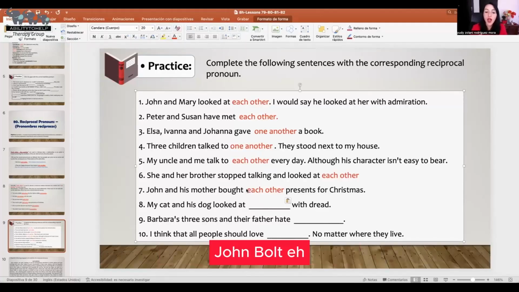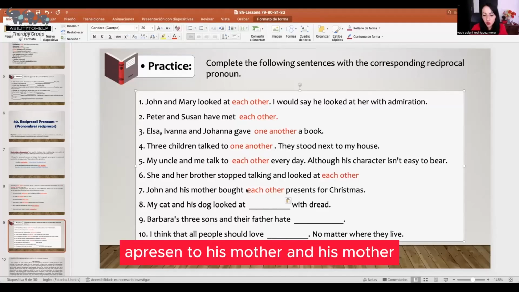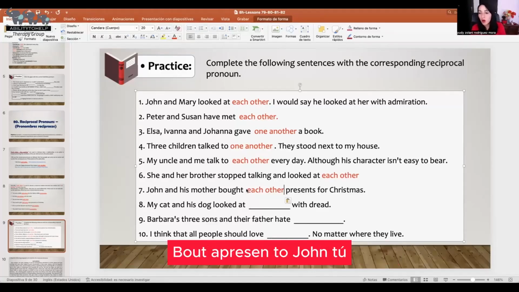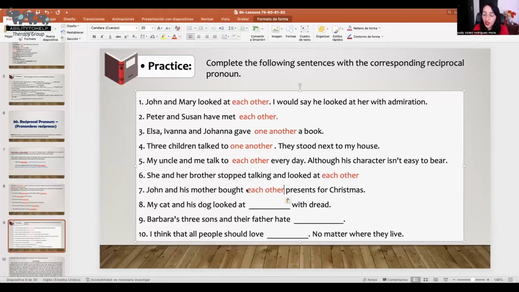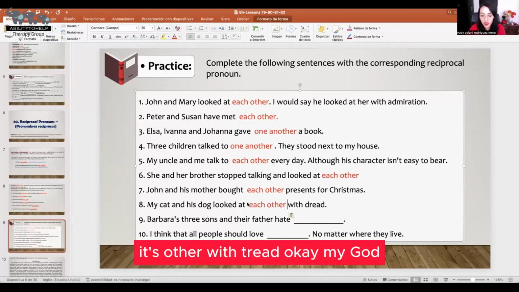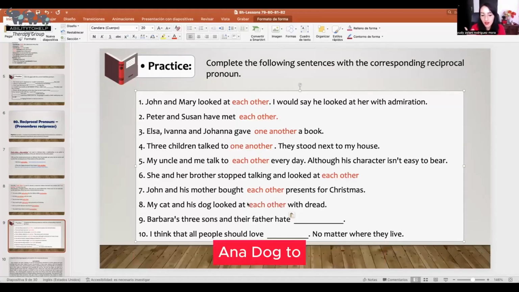John bought a present to his mother and his mother bought a present to John too. So that's why it's a reciprocal activity. My cat and his dog look at each other with dirt. Okay. My cat and a dog, 2.